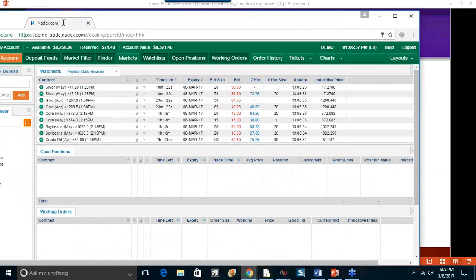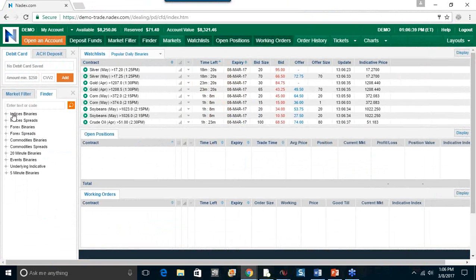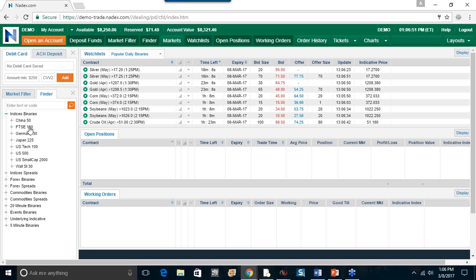Right here you can go to indices binaries or indices spreads. We'll just click binaries for now.